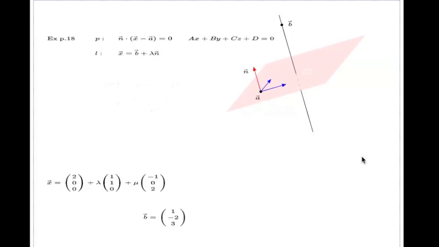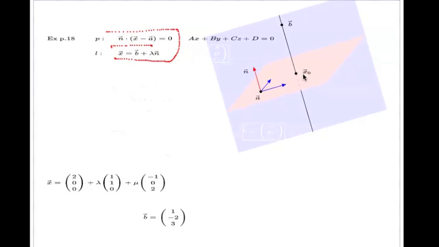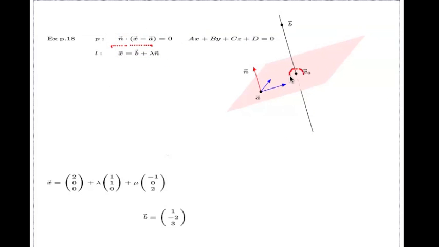Here it is. And of course, the distance we're after, if I take the intersection point with the plane, will be this distance. So all I have to do in principle is look at these two equations of the plane and the line, try to find this intersection point, and when I can do that, I can find the distance after that, right?